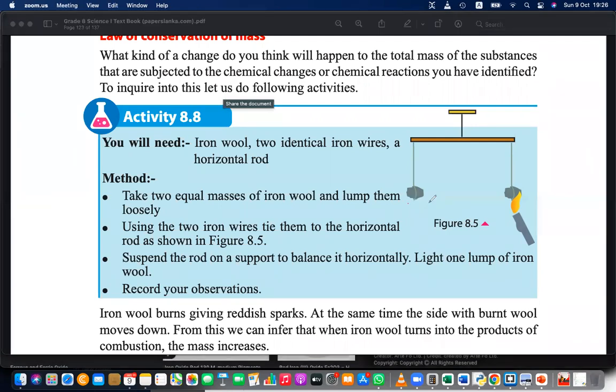Let's say this has X grams, and this is also X grams. So both are equal. But after burning, here you have Fe, and it has created ferric oxide, and the mass has come up. What's the reason? Now it's not the same mass.